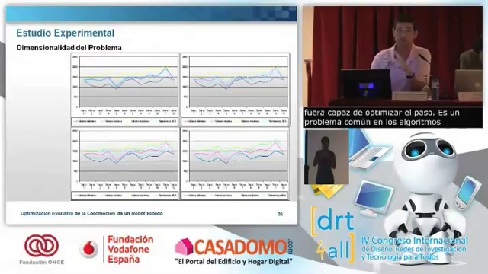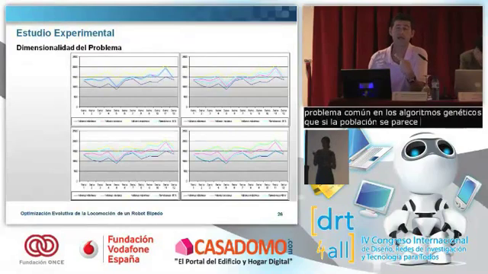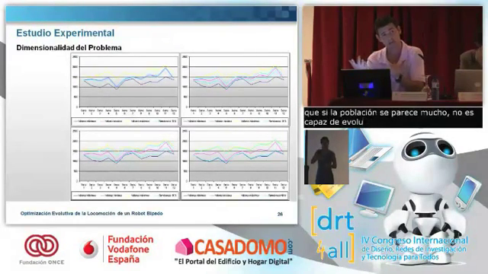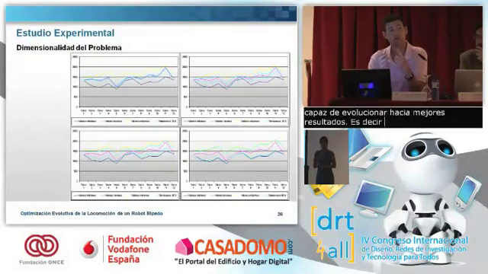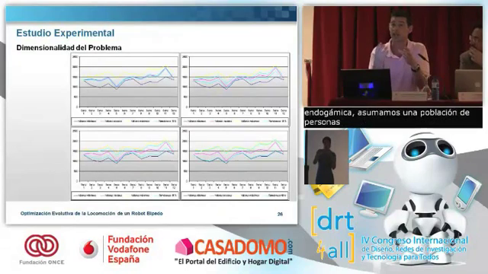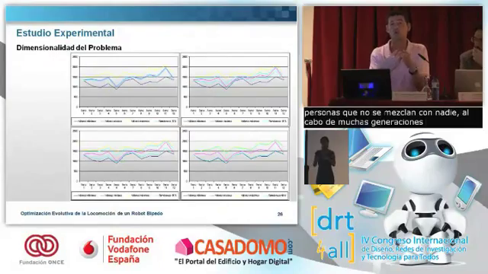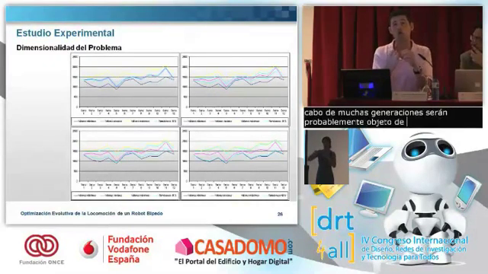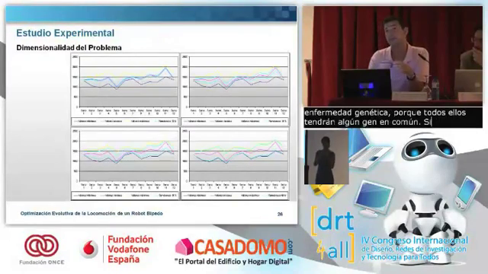A common problem in genetic algorithms is that the population is too similar, so it cannot evolve towards better results. If a population is endogamic, let's say a population of people that live in a tribe and never mix, after many generations they will probably suffer from genetic disorders or illnesses.